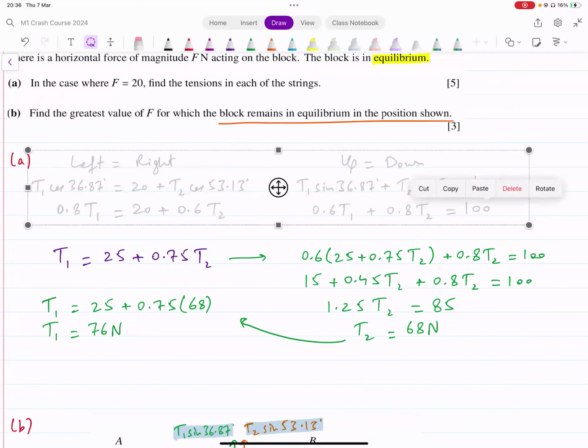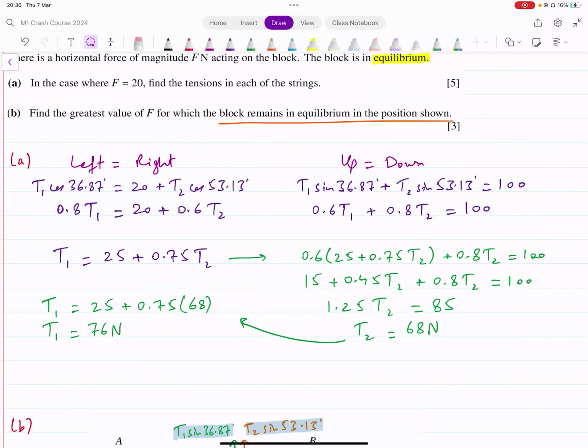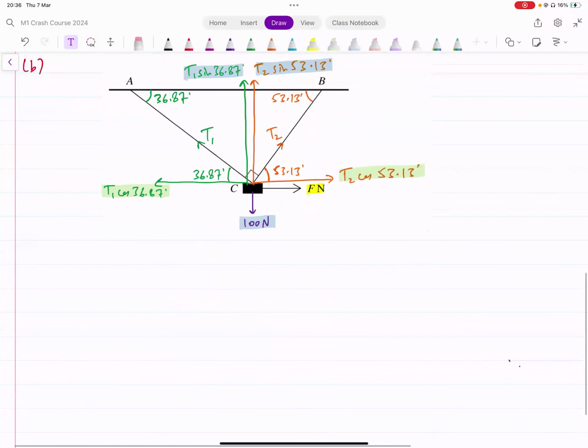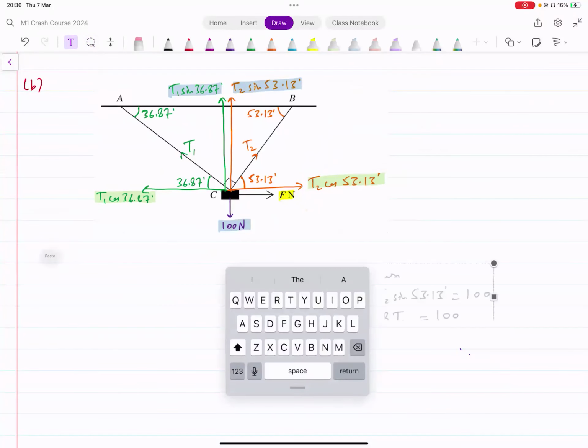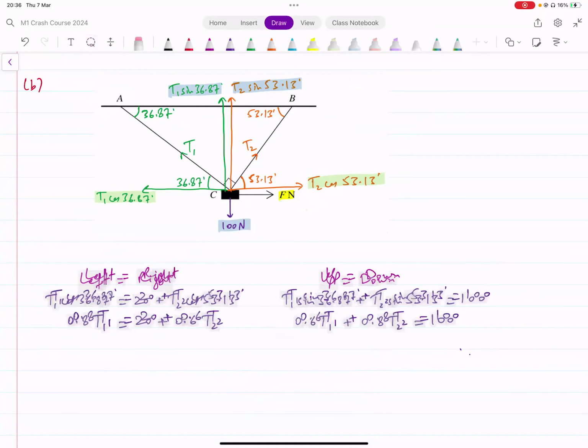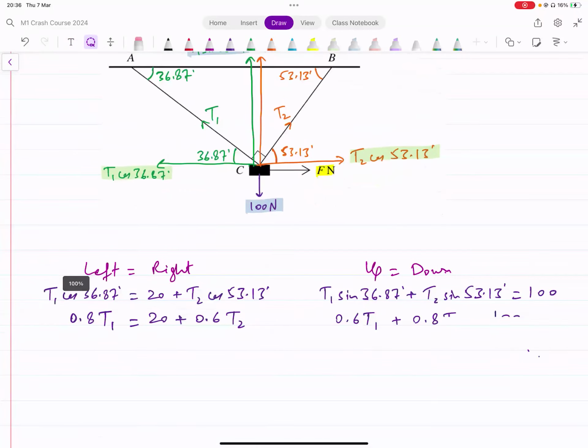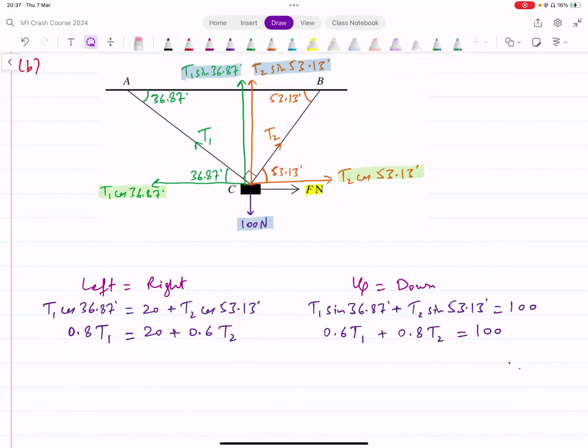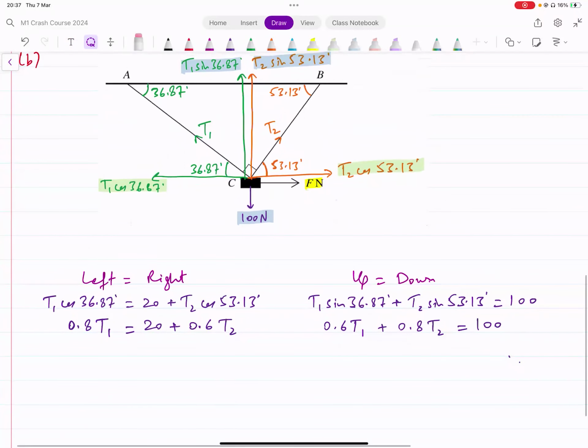I'm just going to copy them here because they're still valid. Instead of 20, we have F now.